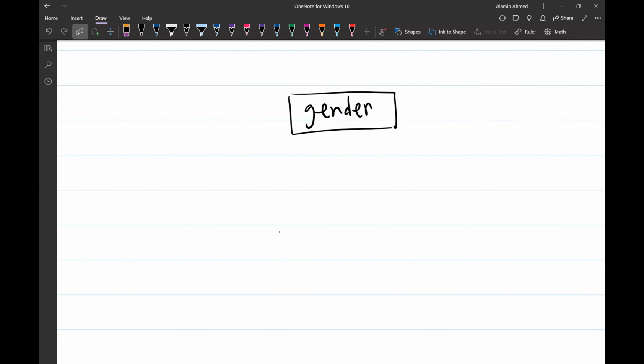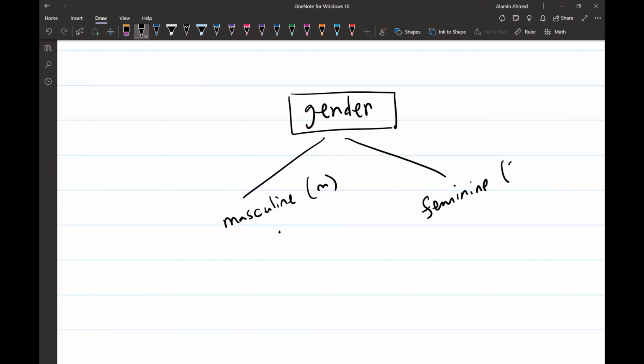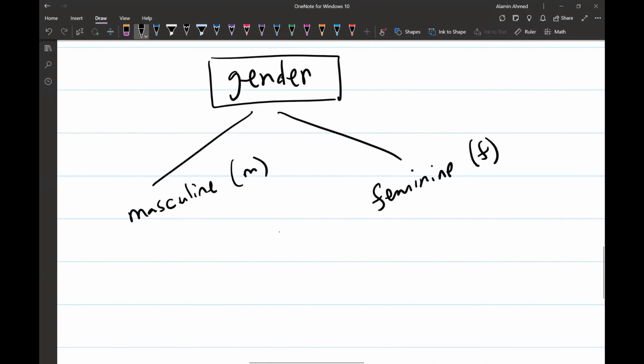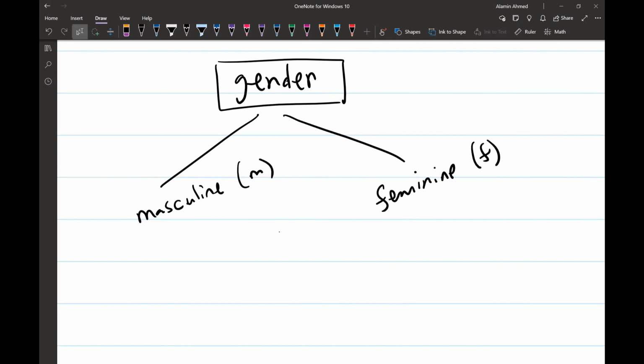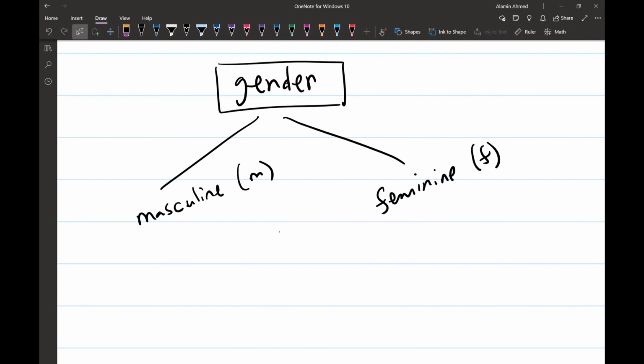In Arabic language, there are only two types of gender: masculine, my spelling guys, and feminine. In short, I might use M and F, masculine and feminine. I will give you the Arabic terms for these.